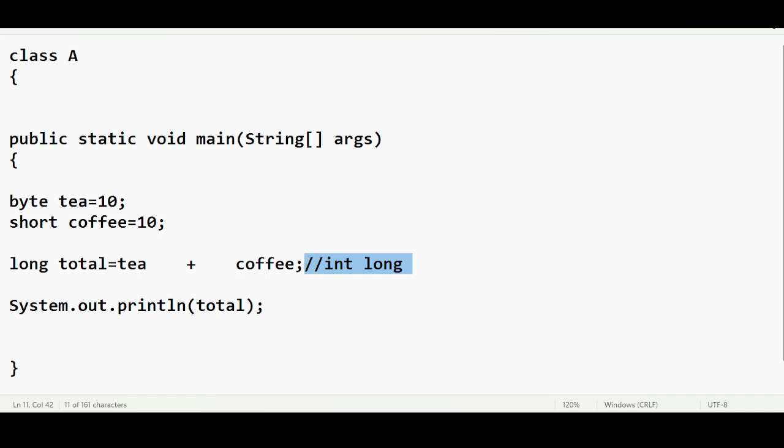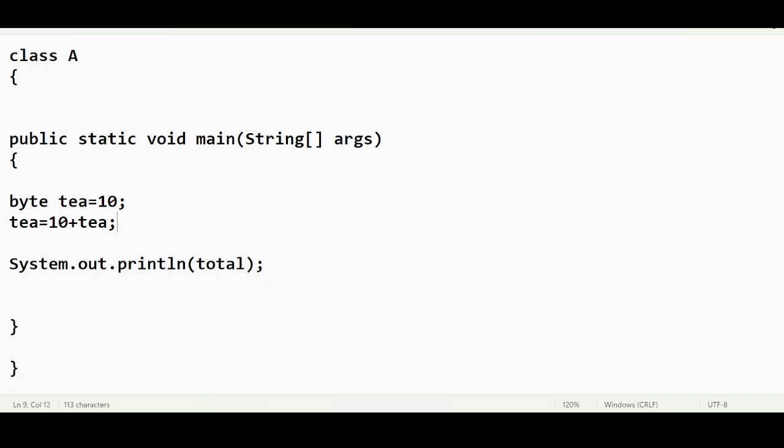Able to follow? Okay. Now you tell me this. byte p equal to 10. t equal to 10 plus p. Now t, what is the answer? Error. Any other answers?